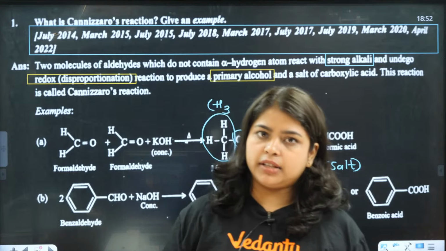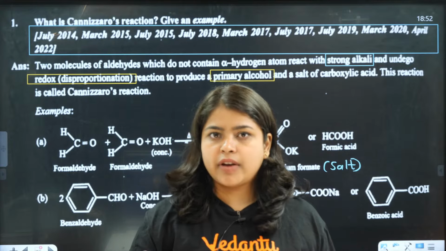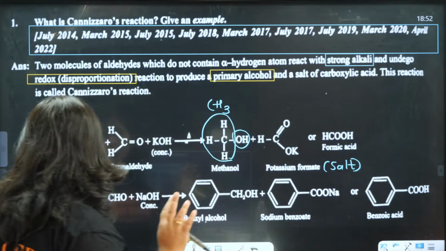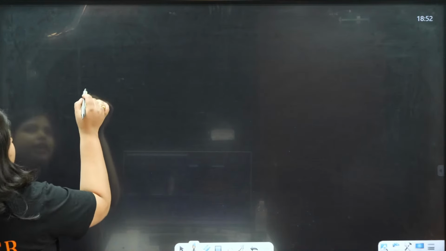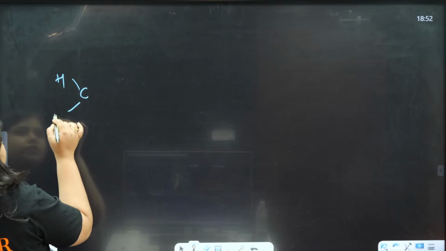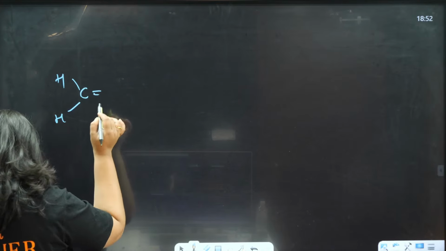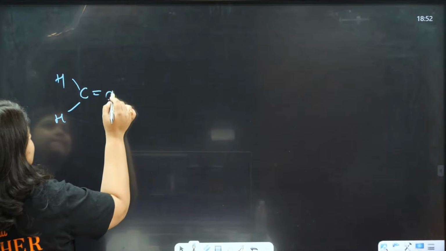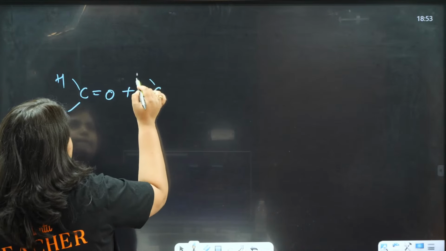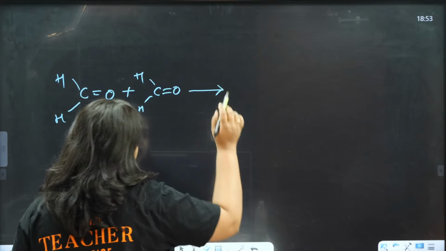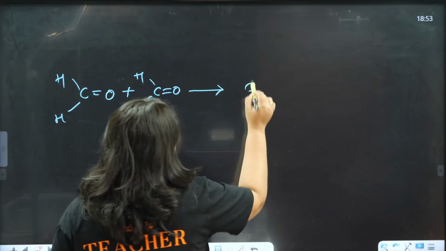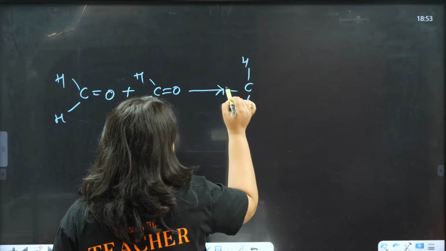How does the Cannizzaro reaction happen? We have taken two aldehyde molecules. In the products, what will be forming? Primary alcohol.